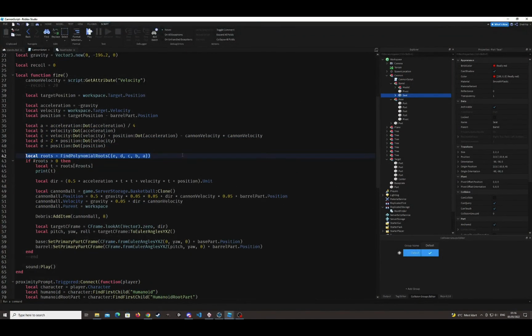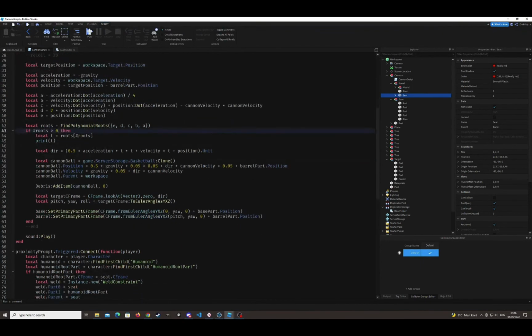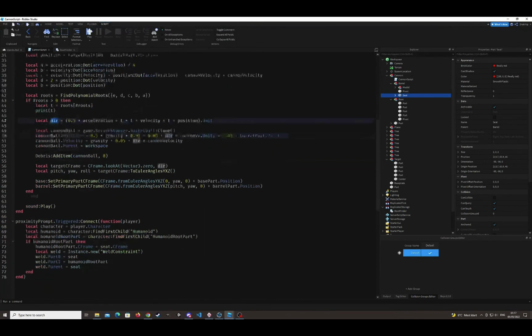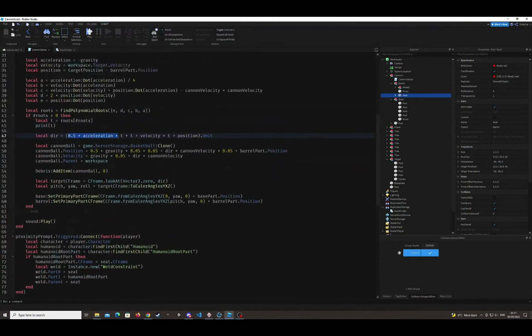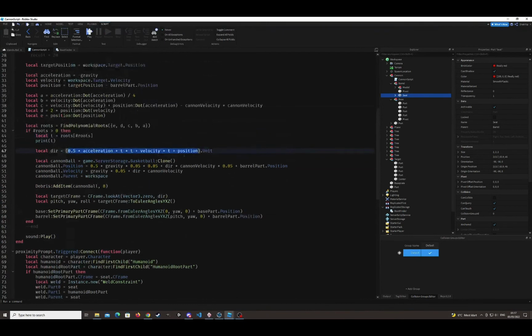And then here I solve the roots, check if there are more than one root. And actually, in this case, I just pick the last root, which is guaranteed to be positive in most practical cases. And here we calculate the direction. So this is acceleration plus velocity plus position, just calculating the total displacement between the target and the shooter.